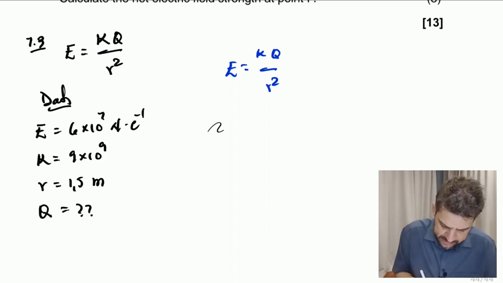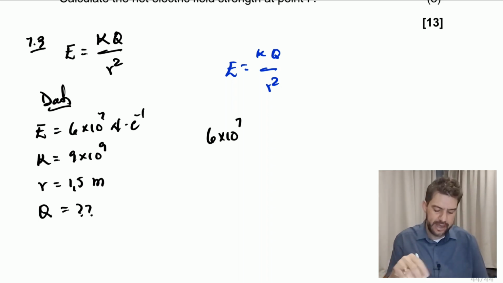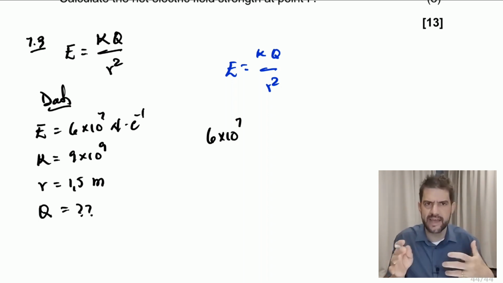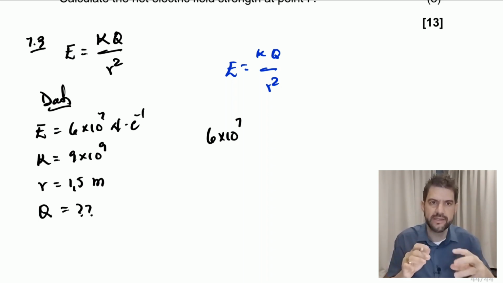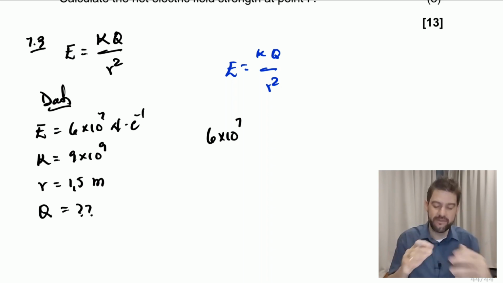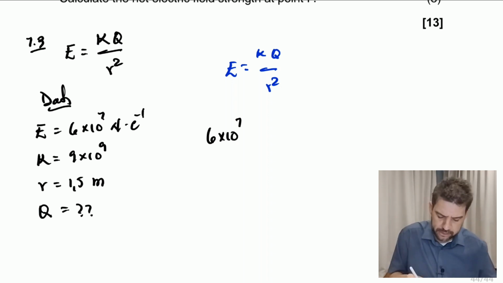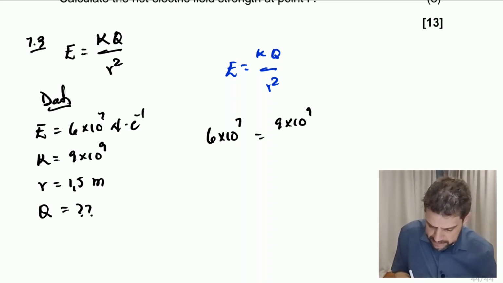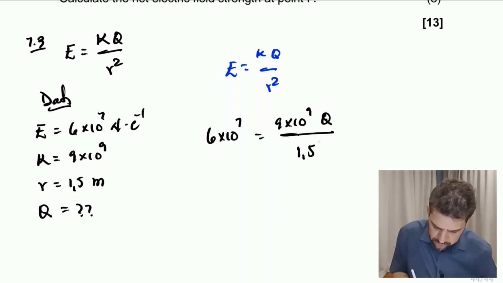So E is 6 times 10 to the 7. Now, note here, in this case, you do not substitute the signs of the charges, not for this formula. This is a scalar formula, so everything in this formula is going to be positive, and then the direction you will get differently. So this is equal to 9 times 10 to the 9 multiplied by Q divided by the distance, which is 1,5 squared.